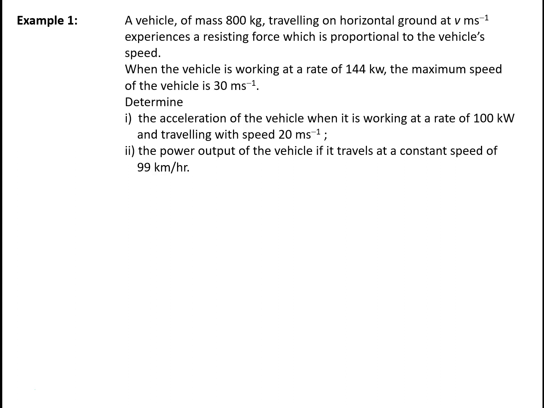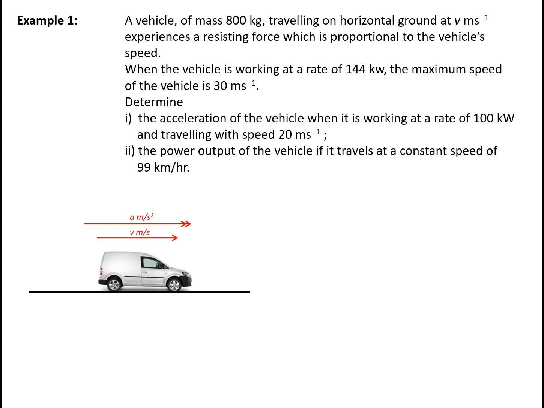So we'll start by drawing a diagram. So we've got our vehicle travelling on horizontal ground. We'll suppose it's got a speed of v meters per second and an acceleration of a meters per second squared. The forces acting on the vehicle are the driving force D, produced by the vehicle, and the resistive forces, which we're going to just call RF at the moment.